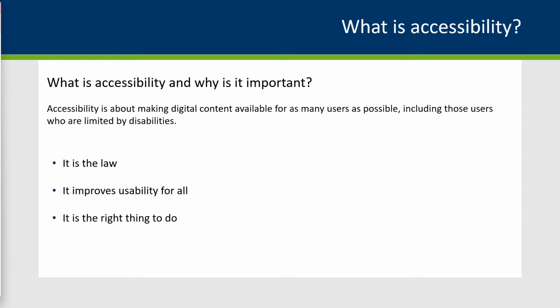And last, it is simply the right thing to do. Access to information is a human right. As a government agency, we create millions of documents every year, and making documents accessible is so important so that individuals with disabilities can access information. Accessibility also has a carryover benefit for other users, which we will cover in more detail in the training.